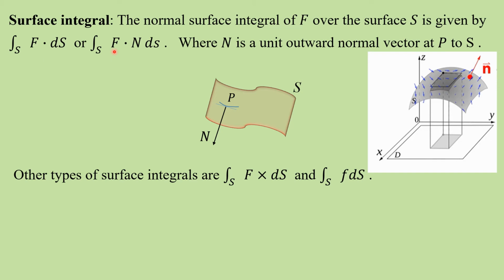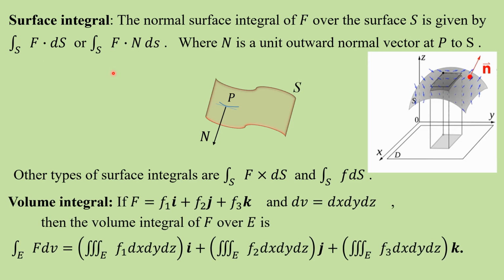Similarly, now if I move on to the volume integral, suppose f is a given vector f1 i plus f2 j plus f3 k, a vector point function, and V is the volume enclosed by a closed surface, and dV is an infinitesimally small element, which is dx dy dz.